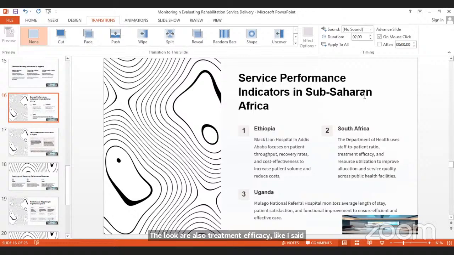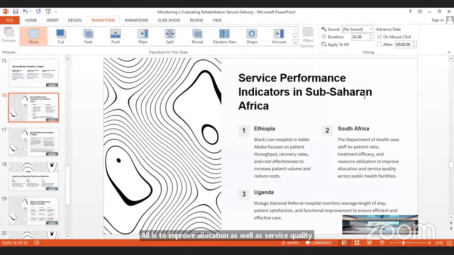If the staff to patient ratio is not convenient, definitely the treatment efficacy will be compromised, right? And they also look at resource utilization, right? All is to improve allocation as well as service quality.